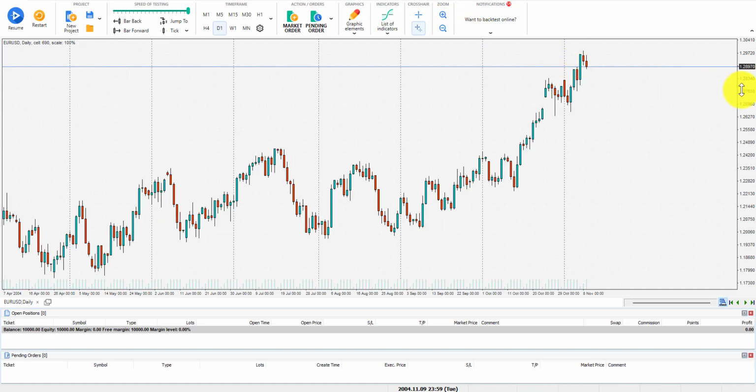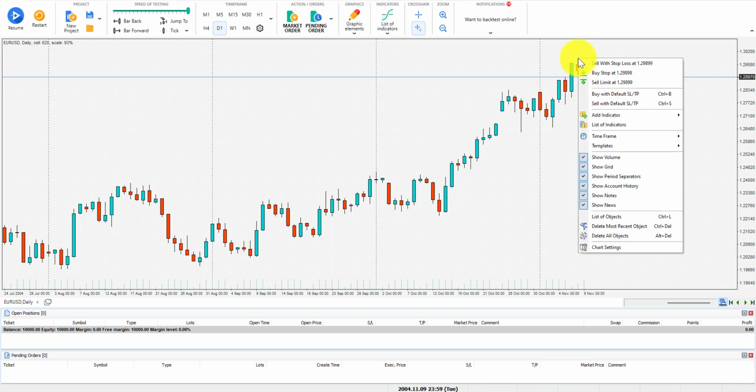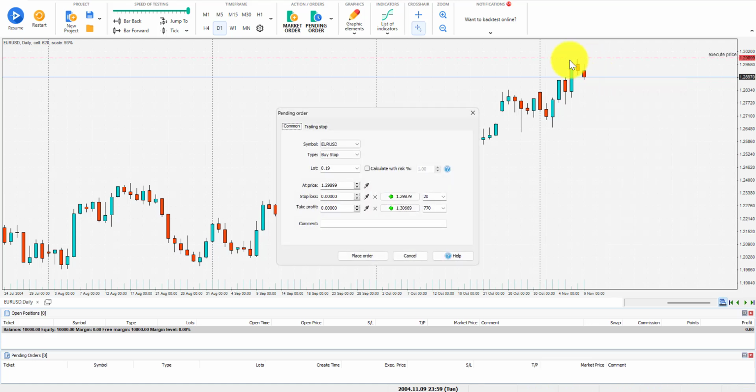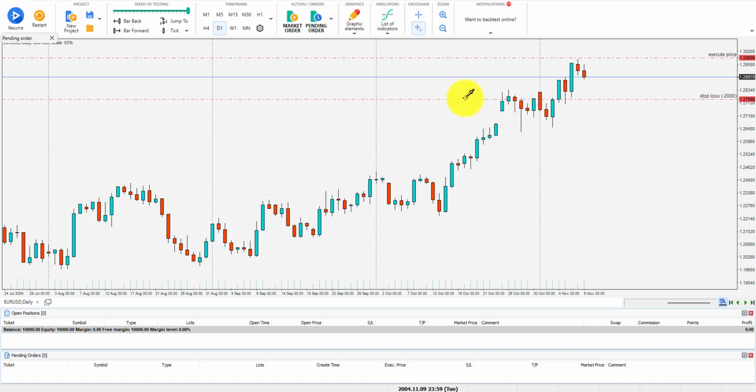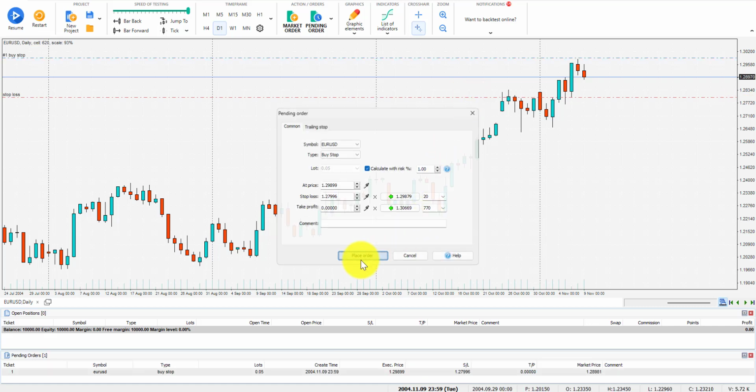If I wanted to be very cautious, I could put a buy stop above the wick of this candle. I'm risking 1%, and I put my stop loss down here on the other side of the candle. So that would be one option.